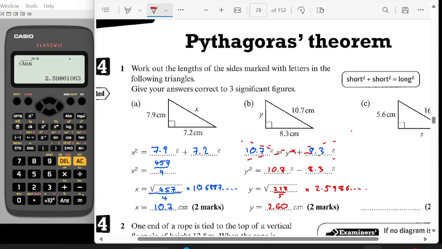And I've got a feeling I might have made a mistake, so I'm just going to double check my figures here. That just seems too small, but let's just double check. So 10.7 squared minus 8.3 squared is going to give us 228 over 5.